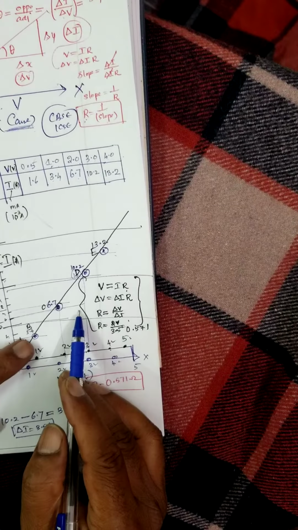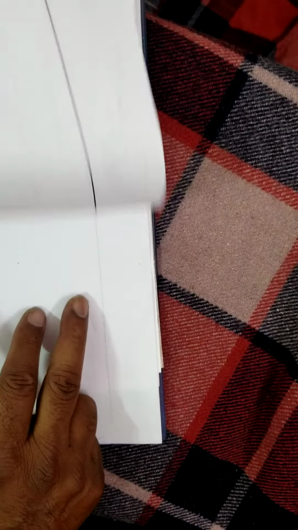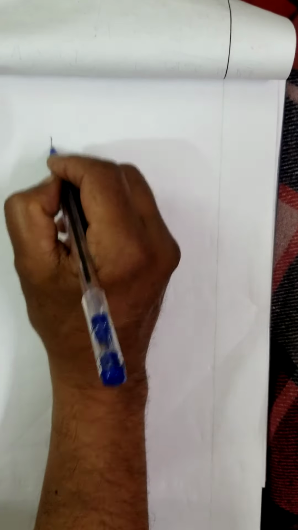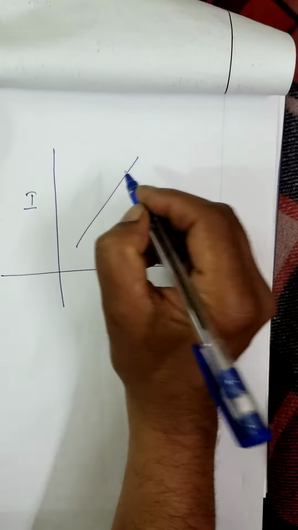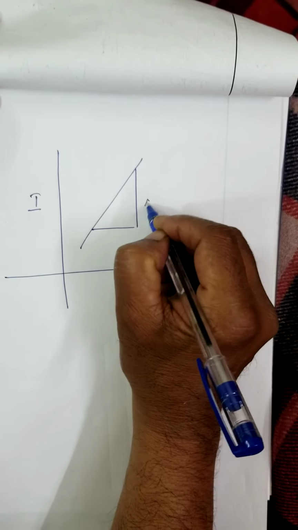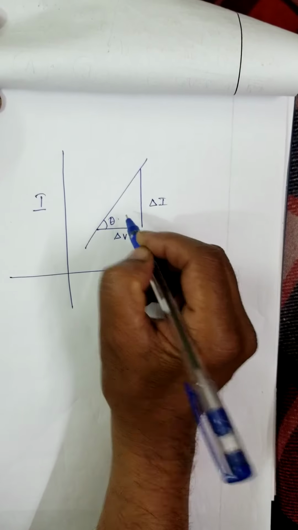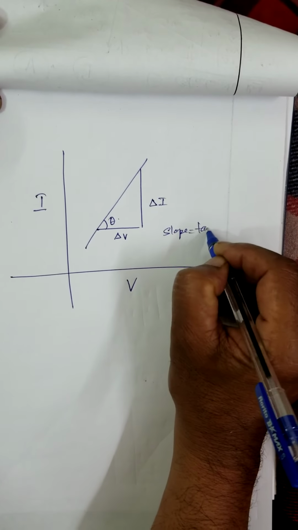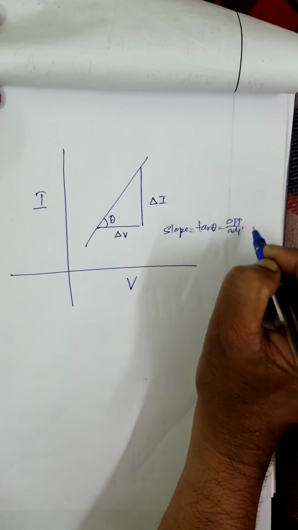Now here, what is the slope for this? In this case, I'll write it here. This is I, this is V. You have got delta I and delta V, theta, tan theta. Then calculate the slope. Slope is equal to tan theta, opposite by adjacent.